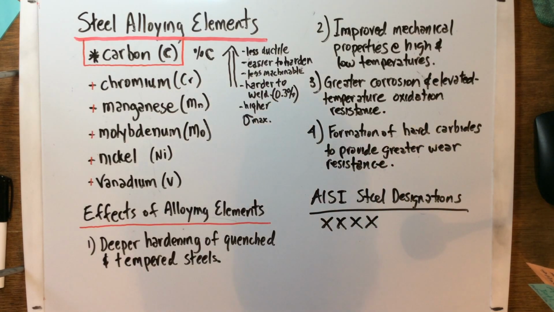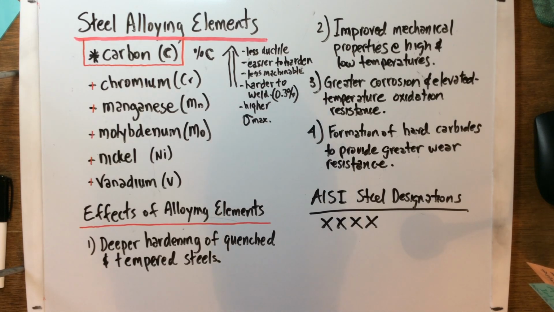Now, oxidation is an issue anytime you're heat treating something, because you're always going to be increasing the temperature of that steel, and as that temperature increases, it's going to be more subjected to oxidation, which means that the iron is going out and grabbing oxygen from the air, and coming up with an iron oxide, which from a general standpoint would be something like rust, and so it affects the surface and depletes the surface. We call that decarburizing of the surface at elevated temperatures.